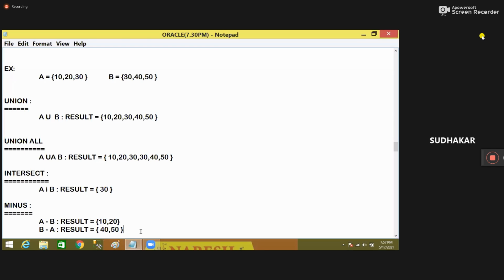I think all of you know how these operators work in mathematics. The same mechanism I have now applied on my database. So instead of mathematics, I'm going to apply it on database tables data. When you apply it on database tables data, let's see how it works.